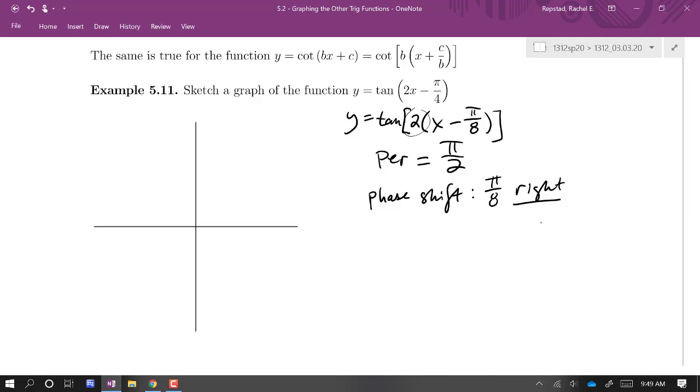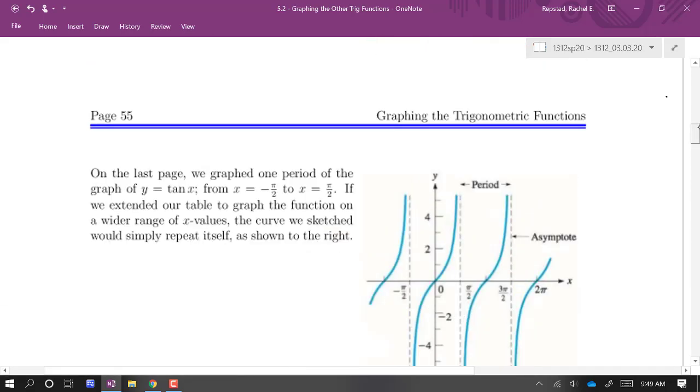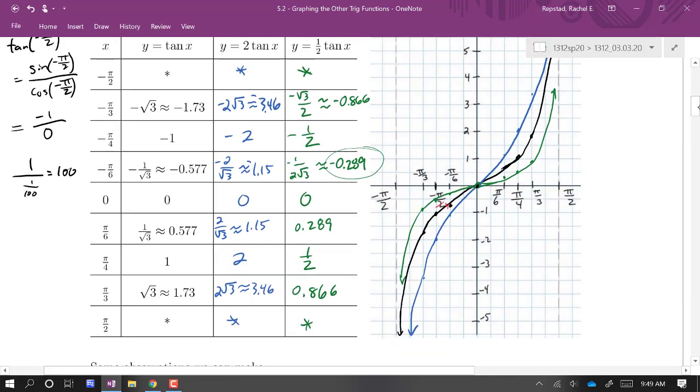If we look back at the first thing we did, I'm going to go back a couple pages. Let's look at these three graphs, and in particular, at pi over 4, tangent is equal to 1. Tangent of pi over 4 is 1, tangent of negative pi over 4 is negative 1. I use this as my single anchor. It's not really an amplitude, but it's the point I use as an anchor.